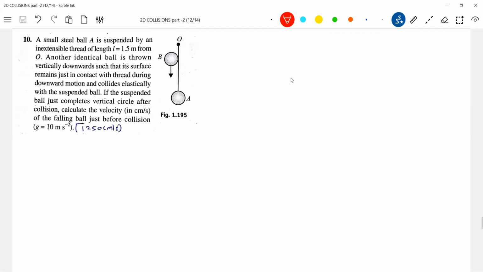I'm telling you a very generalized concept about collisions, so we can't put the same thing everywhere. Here they're colliding and also there is a string. In one problem when they were colliding, the ground came into the picture. Now here they're colliding, and the string will come. So different situations will come.